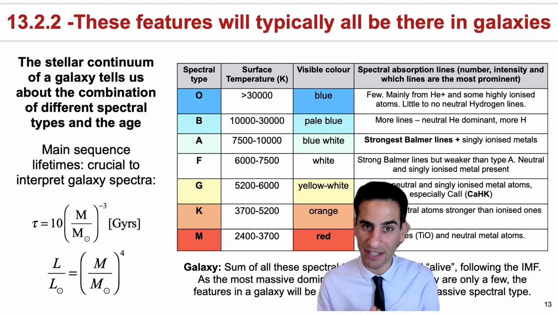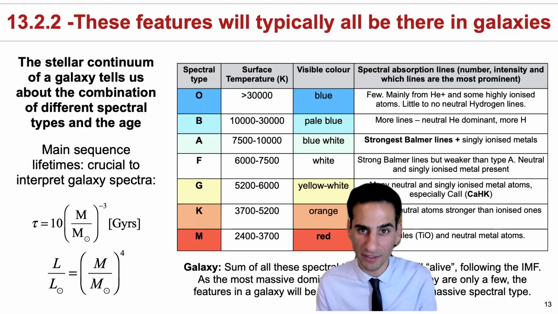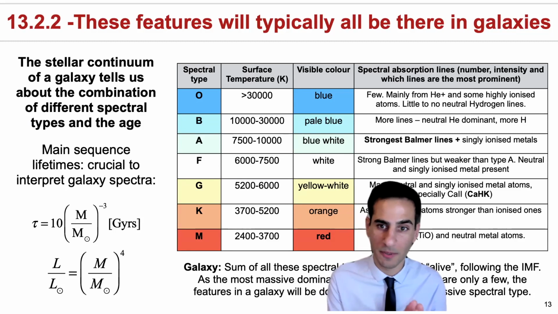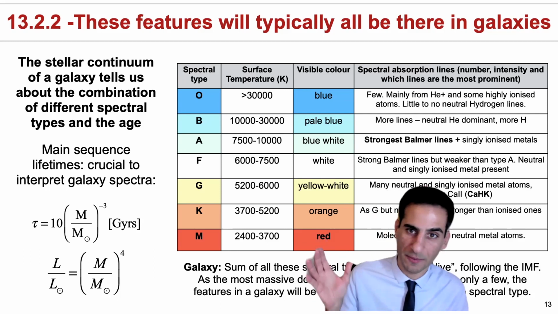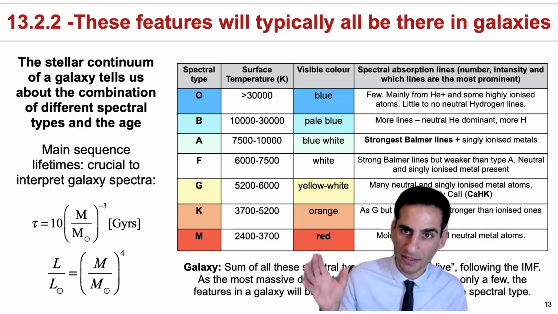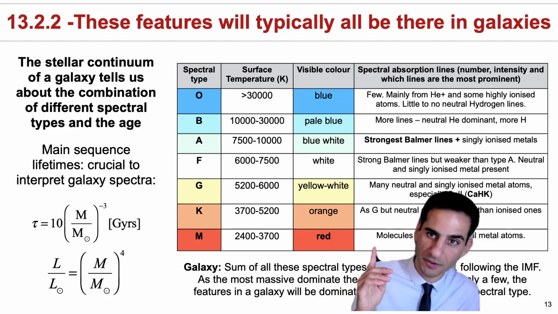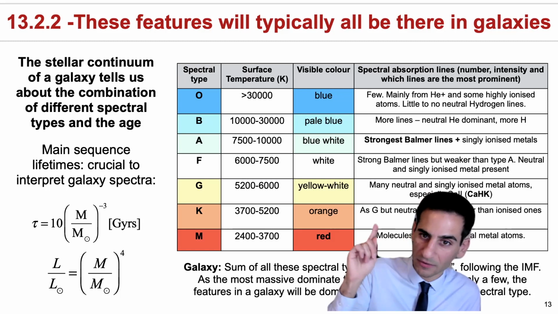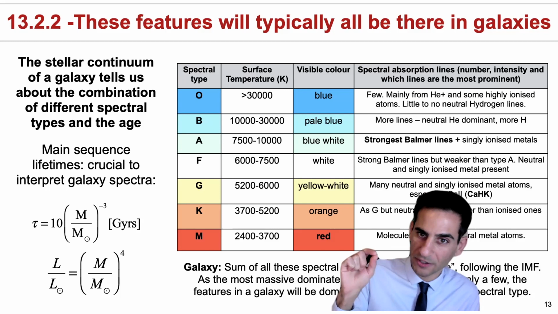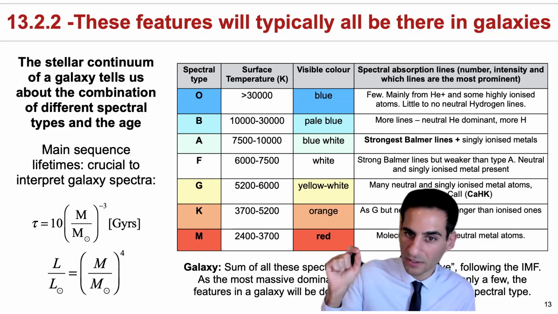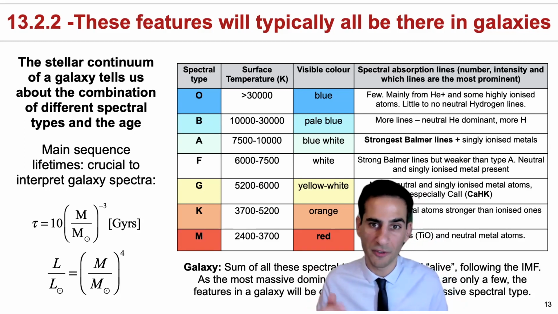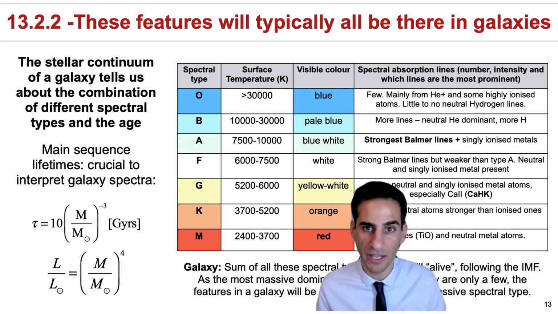In case you have forgotten the contents we've covered in section 8, this is a good time to recap them, specifically some of the properties of the different spectral classes, their colors, typical temperatures, and typical signatures, because interpreting a galaxy is really about looking at linear combinations of all these features. If you can pick up these features, then you can even tell how many stars there are of each spectral type. And if we use some very good modeling, we can actually infer, for example, the star formation history of the galaxy.